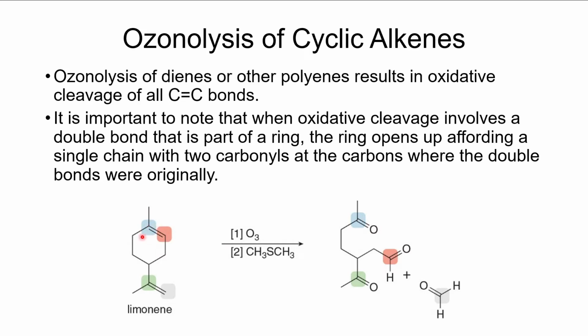So again, you just have to look and see if there's two carbons attached to that particular carbon that's in the double bond, you'll get a ketone, and if there is a carbon and a hydrogen, you will get an aldehyde. In this case, there are two hydrogens, so you'll see over here we got formaldehyde. Again, you'll notice here we use the dimethyl sulfide as a reducing agent to convert that ozonide into our final products.